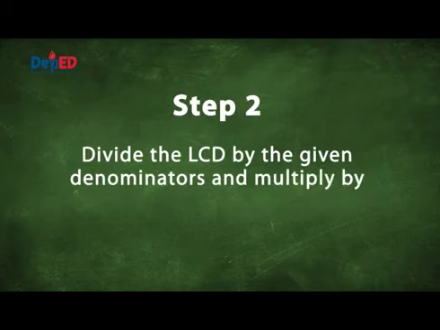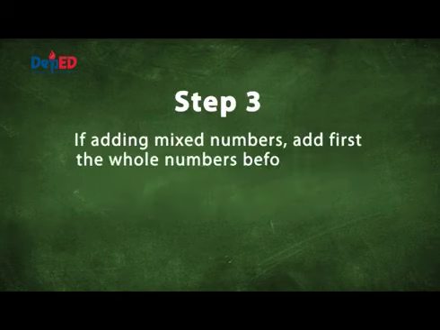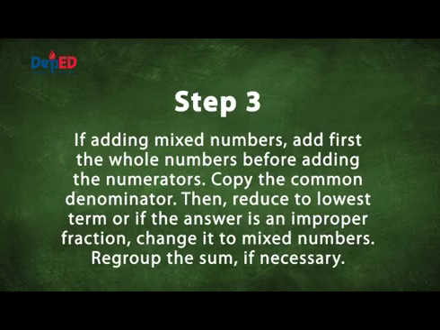Divide the LCD by the given denominators and multiply by the given numerators. Step 3. If adding mixed numbers, add first the whole numbers before adding the numerators. Copy the common denominator, then reduce to lowest term, or if the answer is an improper fraction, change it to a mixed number. Regroup the sum if necessary.